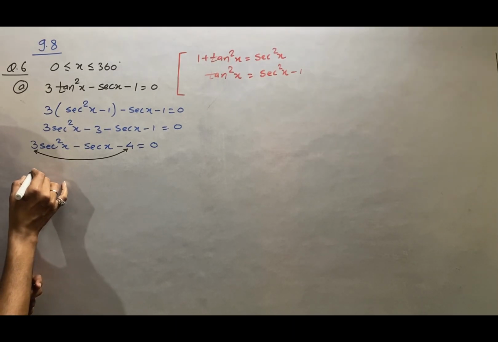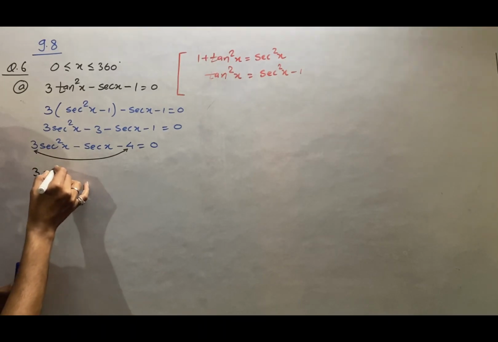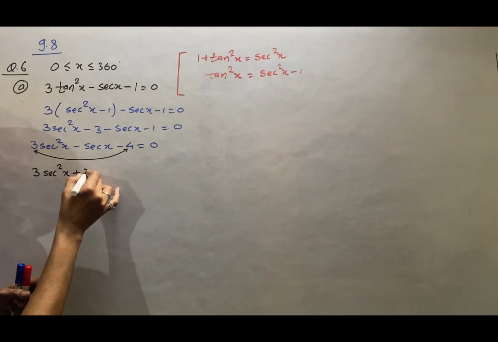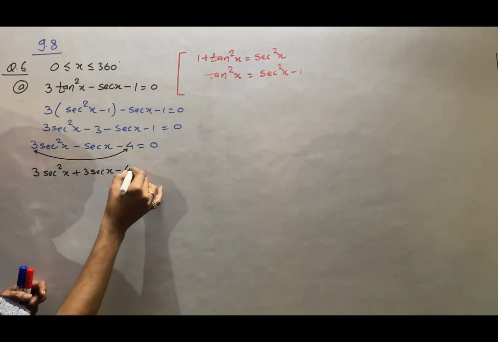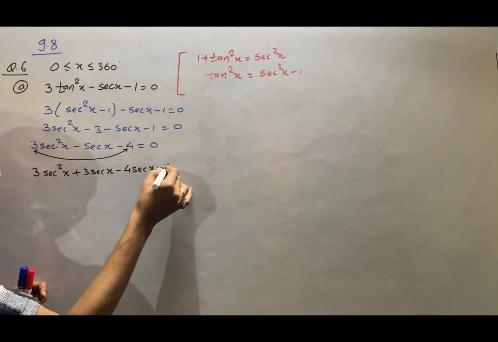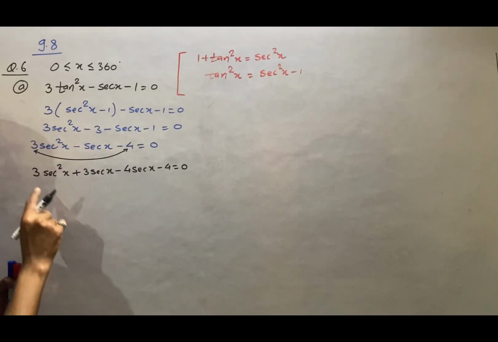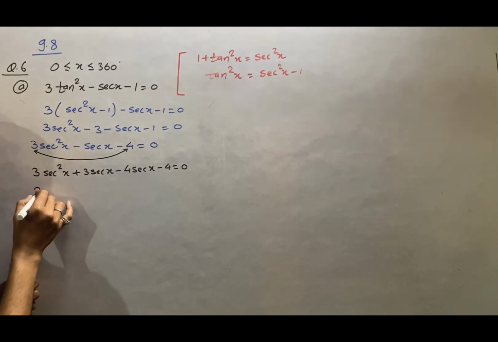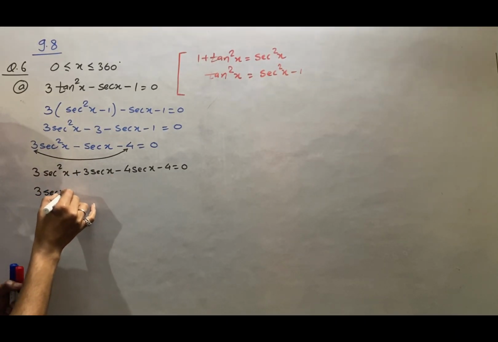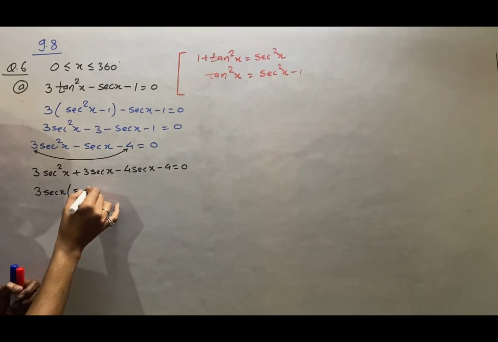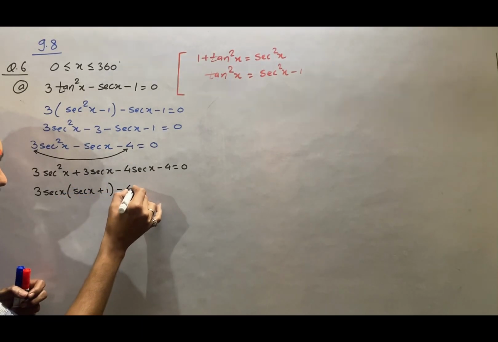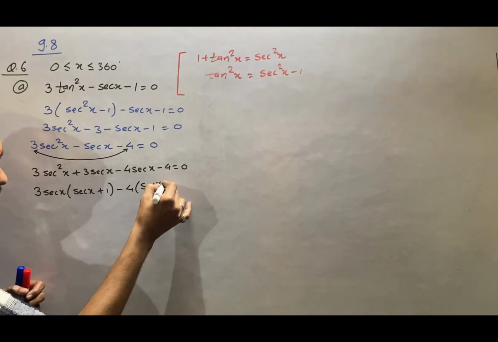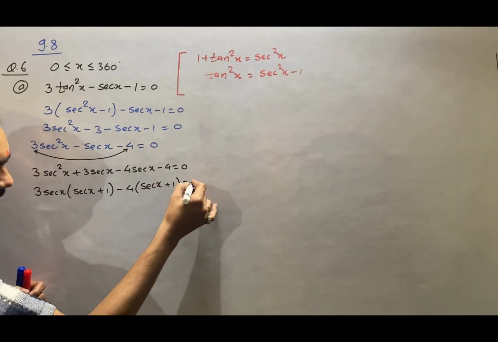So what we can say, 3 sec square of x plus 3 sec of x negative 4 sec of x negative 4, that is equals to 0. From the first pair we will take 3 sec of x common. So here we'll have sec of x plus 1. Here we will take negative 4 common. So sec of x plus 1, that is equals to 0.